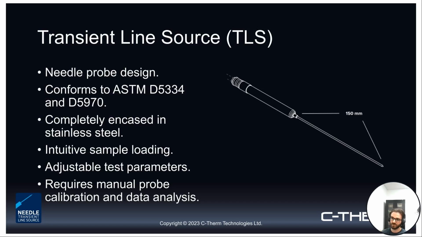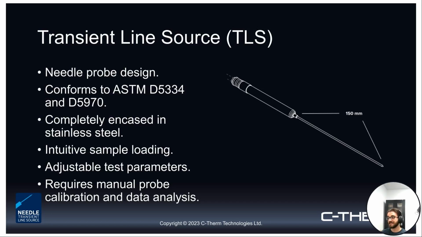And the TLS, it does conform to two ASTM standards, ASTM D5334 and D5970. And the prior there, so D5334, this is specific to testing a range of geological samples, so aggregates, soft rocks, soils. This is really a method that is directly related to that within the standard itself.